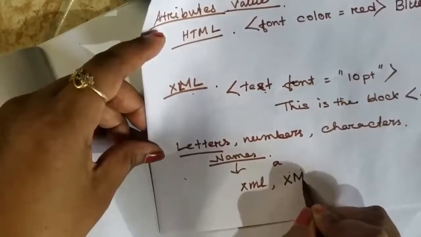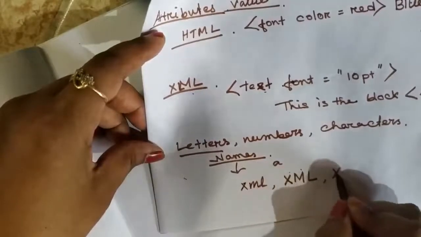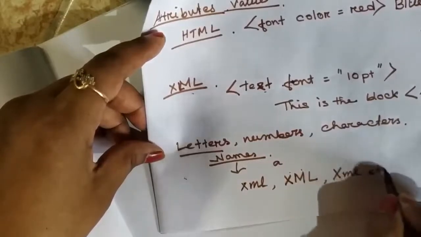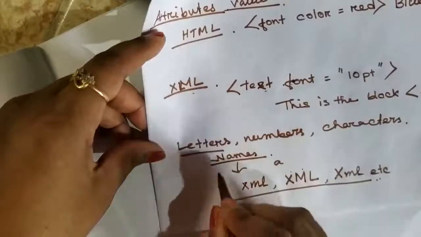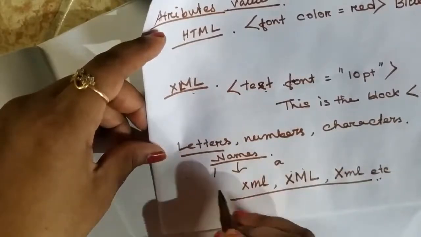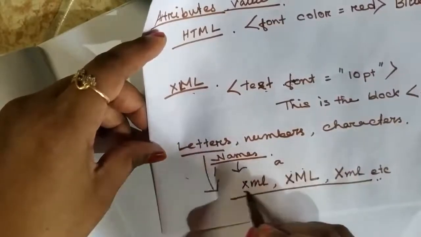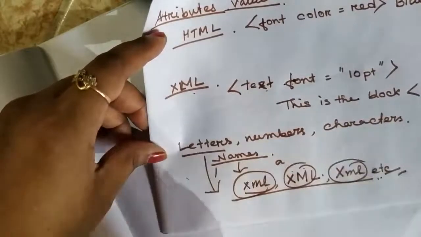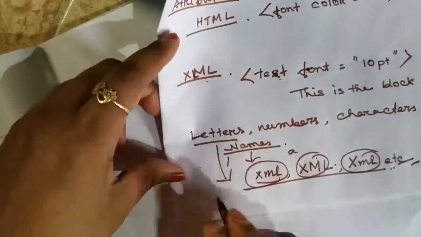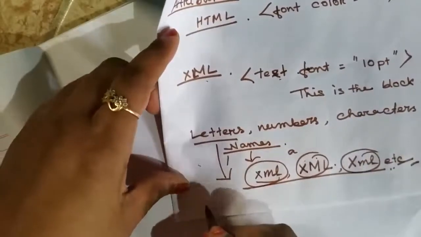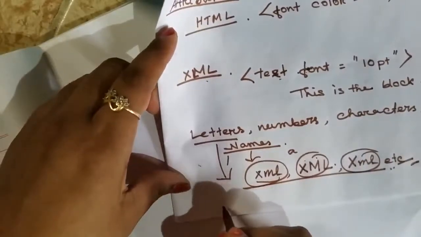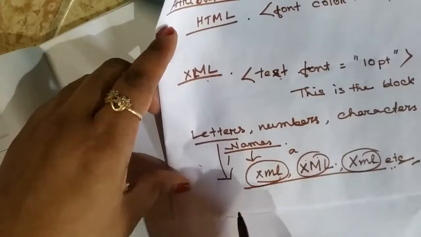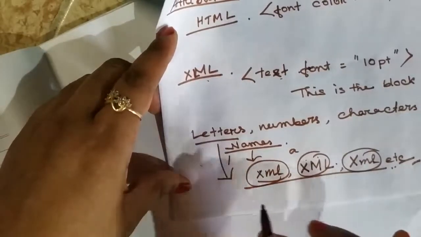You can't use this type of name because it is already an XML document, so you can't use it in the elements. The names cannot contain spaces.